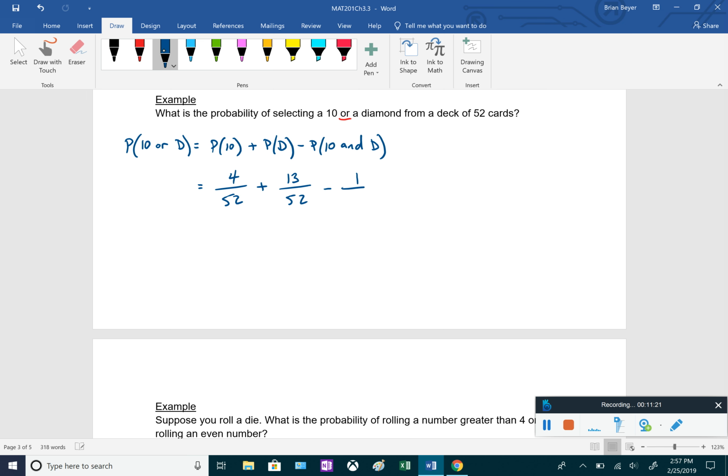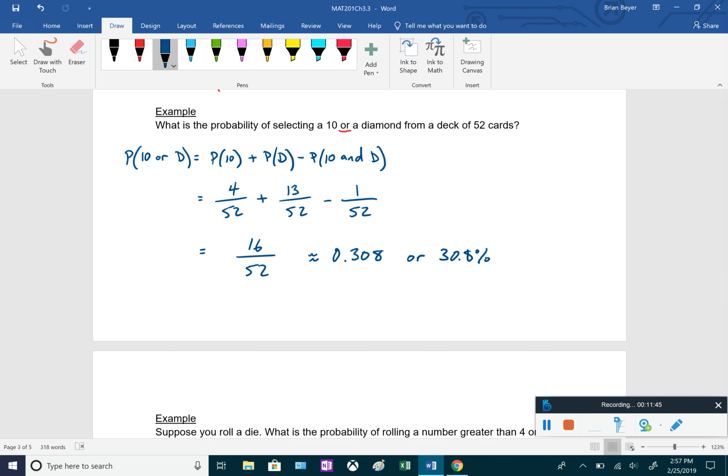So 1 out of 52. So 4 plus 13 is 17, minus 1 is 16. That's 16 out of 52, which is 4 out of 13 if you wanted to simplify it, or 0.308 as a decimal, or 30.8% as a percentage. So a 30.8% chance that it is a 10 or a diamond.